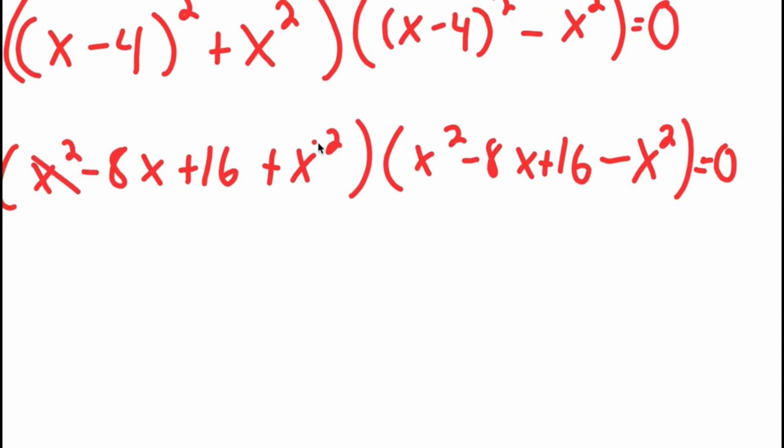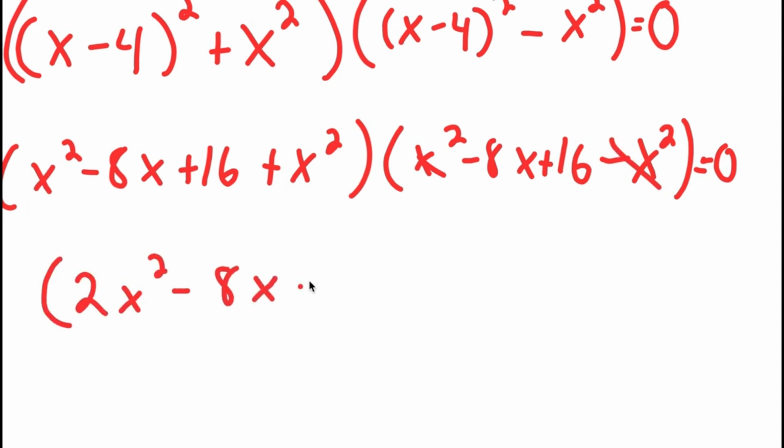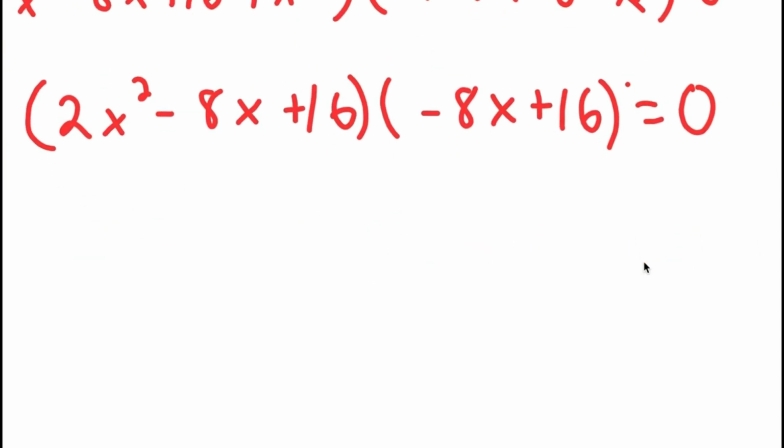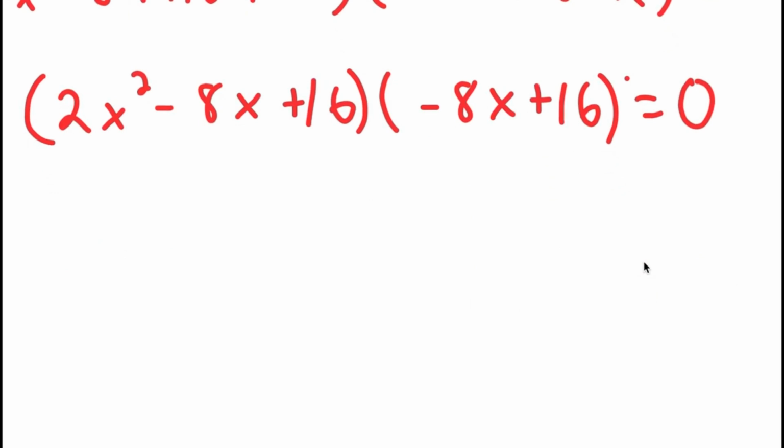And now these two cancel out, these two cancel out, and these two add. x squared plus x squared is 2x squared, so I get (2x squared minus 8x plus 16) times (negative 8x plus 16) is equal to 0. Now (2x squared minus 8x plus 16) times (negative 8x plus 16) is equal to 0.